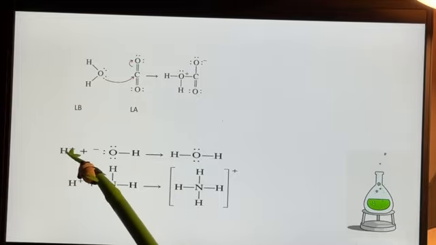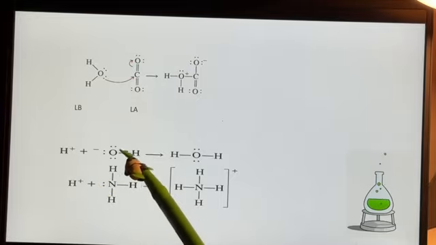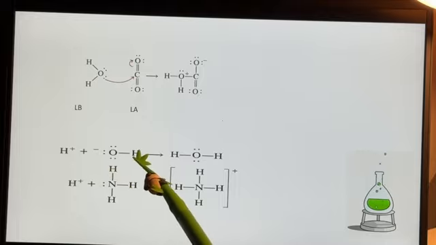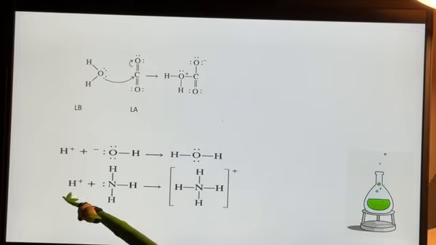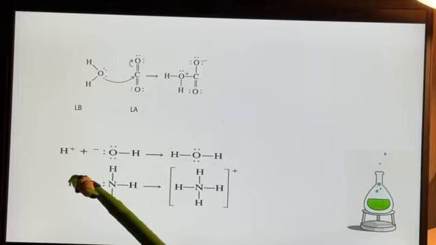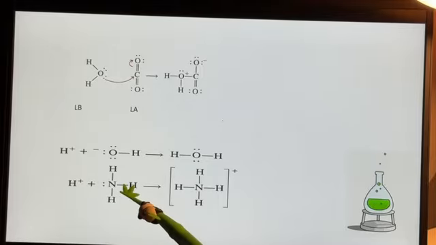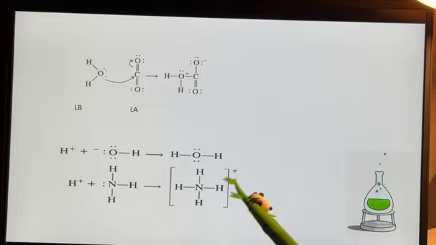H plus acts as a Lewis acid, OH minus acts as a Lewis base, forming a water molecule. H plus acts as a Lewis acid, and NH3 acts as a Lewis base, forming NH4 plus ion.